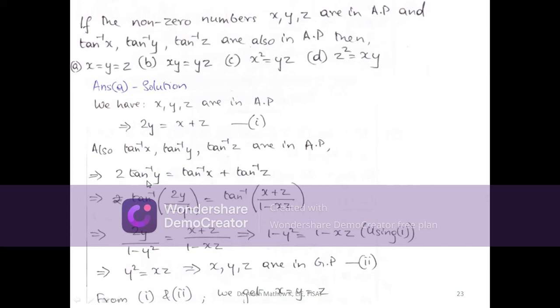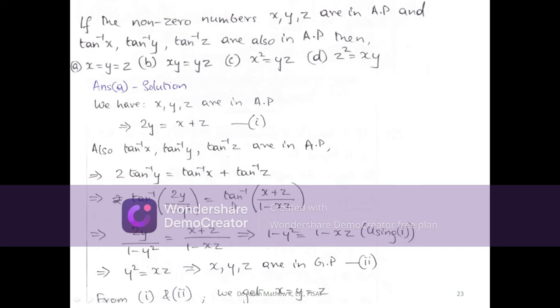This can be rewritten as 2 tan inverse y equal to tan inverse of 2y by 1 minus y square, and tan inverse x plus tan inverse z equal to tan inverse of x plus z by 1 minus xz. You can see the trigonometric relations.